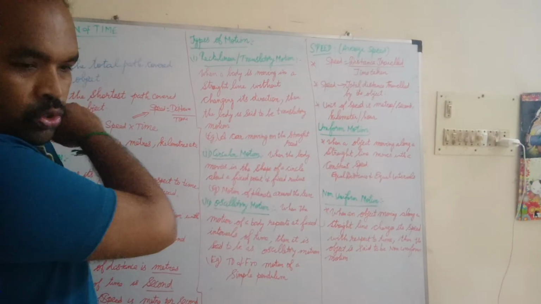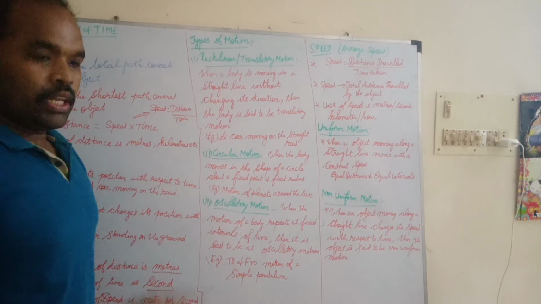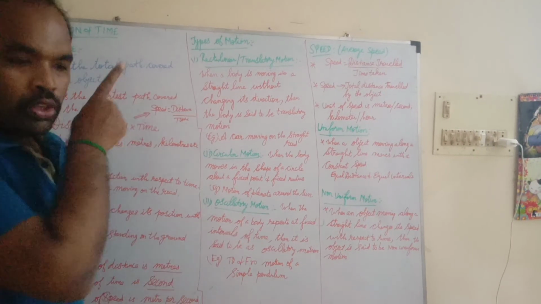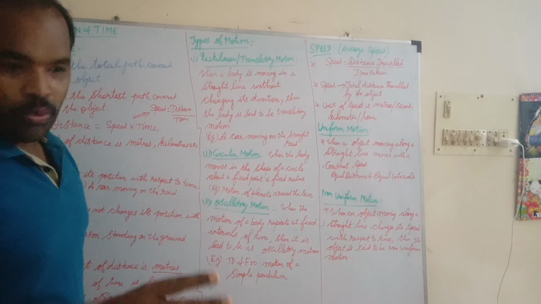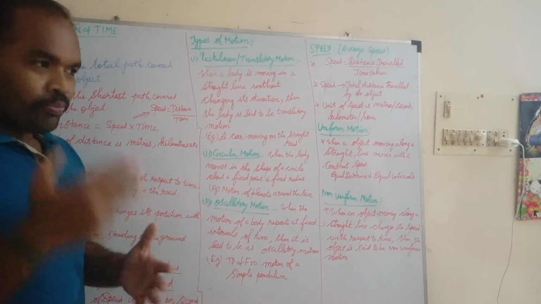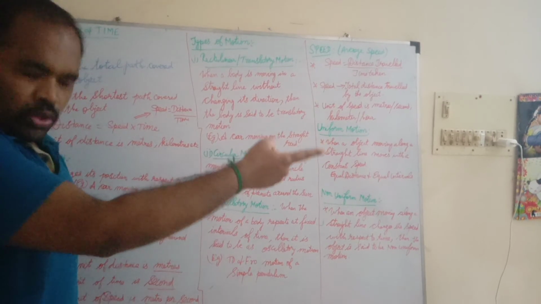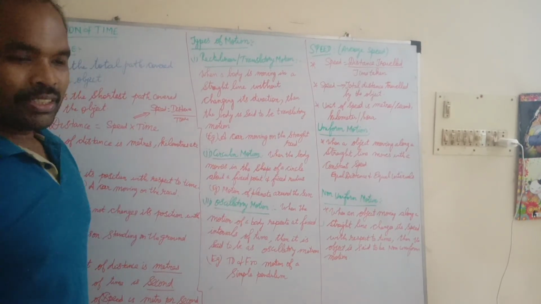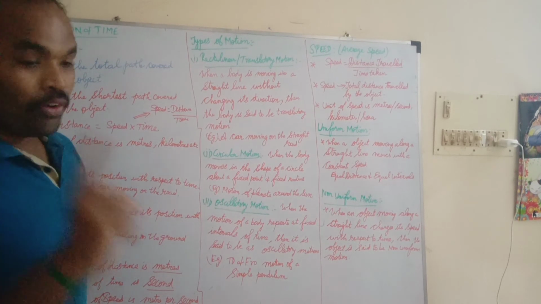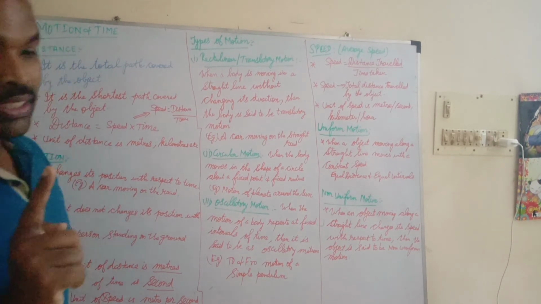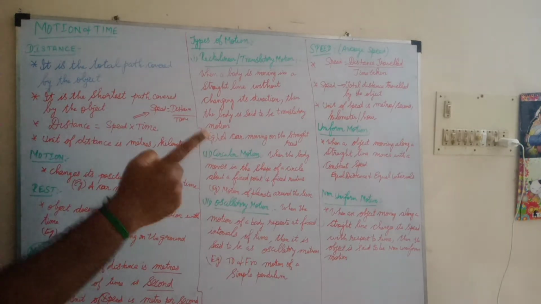From your house to school, how many kilometers? 3 kilometers. And from school back to the house, 3 kilometers. So 3 plus 3. For one trip, how many kilometers? 6 kilometers. So the distance has been calculated, right?